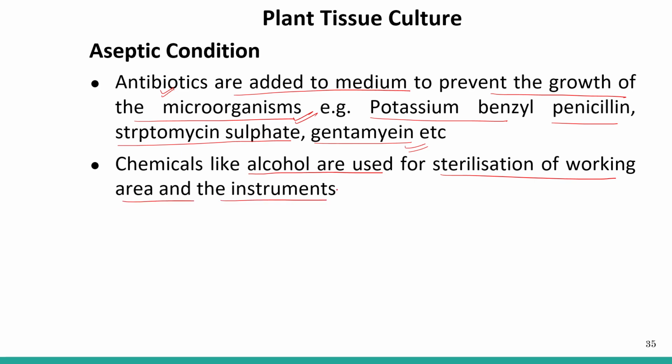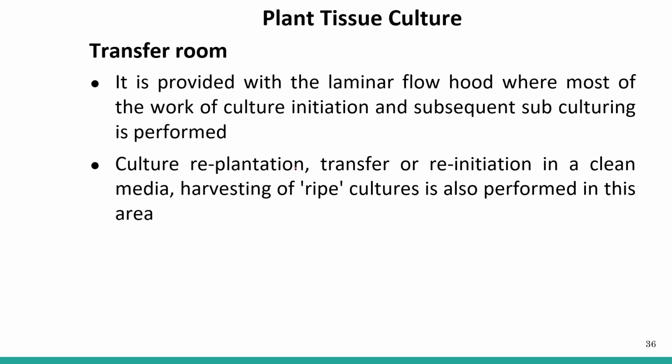All the base which you are using for plant tissue culture should be sterilized, and chemicals like alcohol are used for it. It is provided with the laminar flow hood, where most of the work of culture initiation and the subsequent subculture is performed. That is the transfer room.